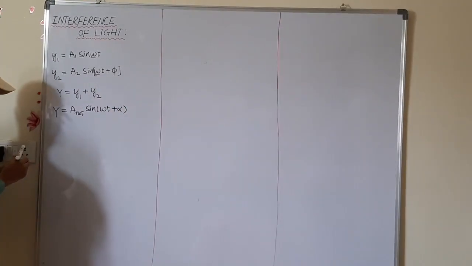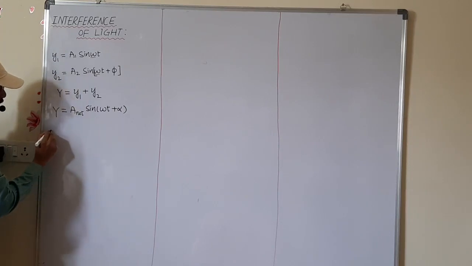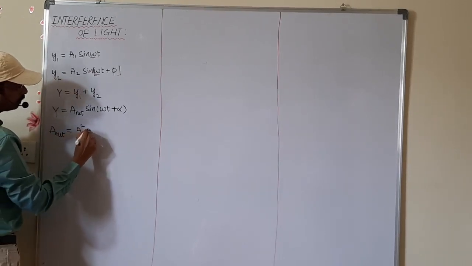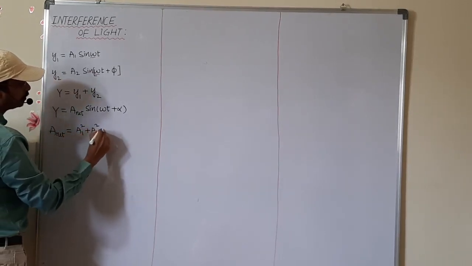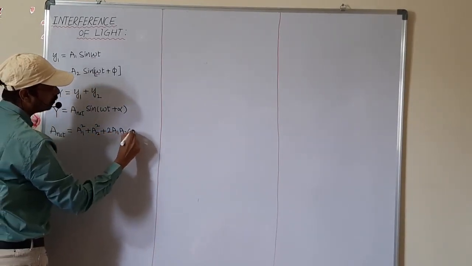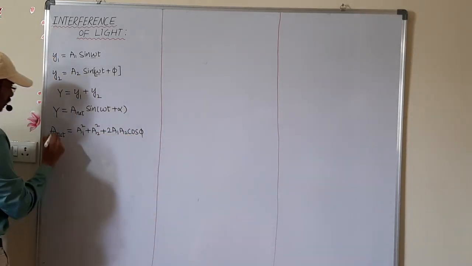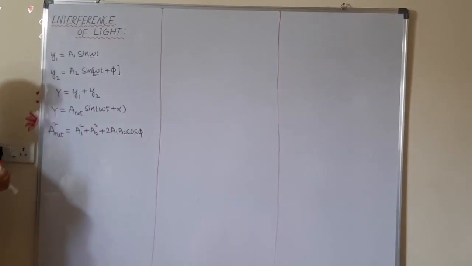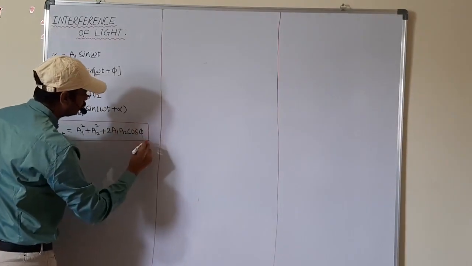In this equation, A net is the amplitude, and we can write it as A net squared equals A1 squared plus A2 squared plus 2 A1 A2 cos phi. Sorry, this is the amplitude formula we got.